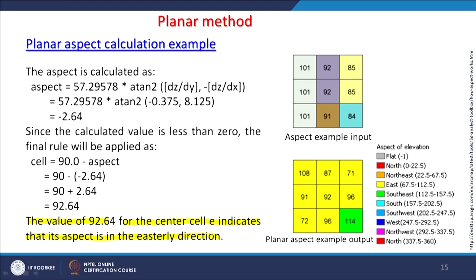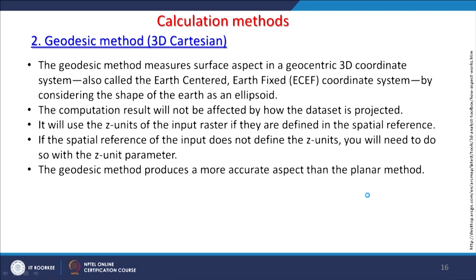So, likewise the calculation is done. This was my input and this is my output. You can also see that here 84 is the minimum, and therefore, as per the slope direction, this is the value 114, which is falling in the southeast one. So, likewise the calculation is done.